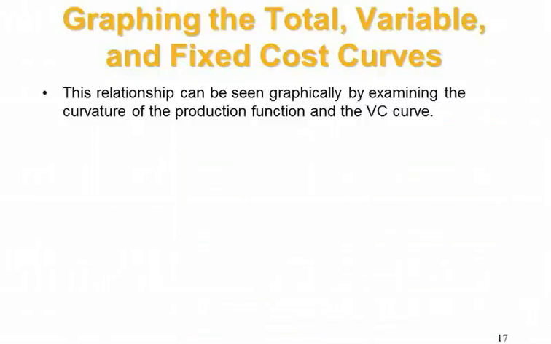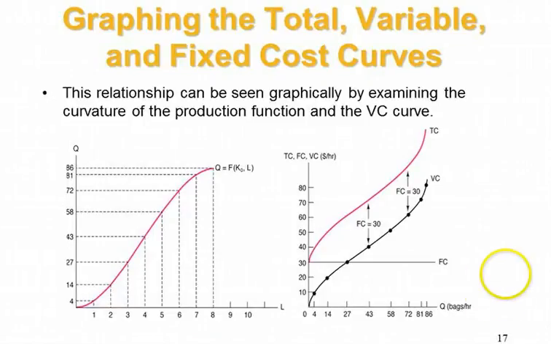And this relationship can also be seen by looking at the variable cost curve. So here's our production function over here. And here we see our variable cost curve, which tells us how costs change as we change output. Keep in mind, these are workers, this is output.